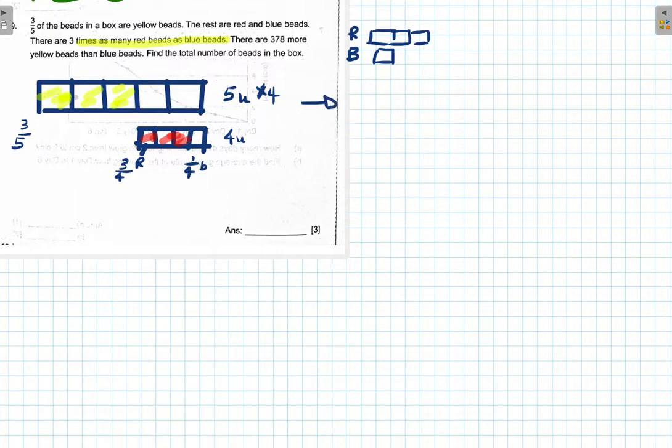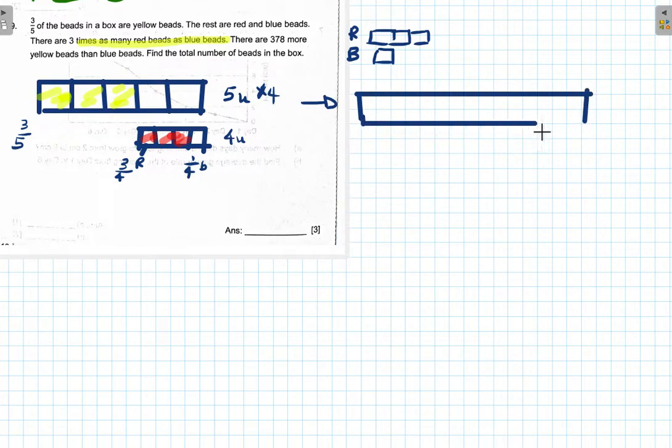So here becomes 1, 2, 3, 3 times 4, 12 units already, correct? Here becomes 12 units. 12 units are the yellow.